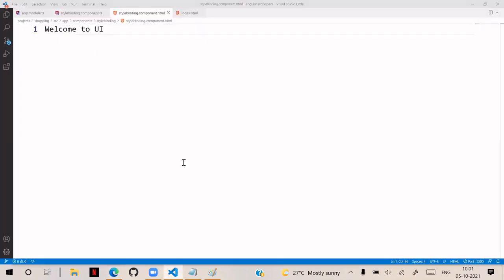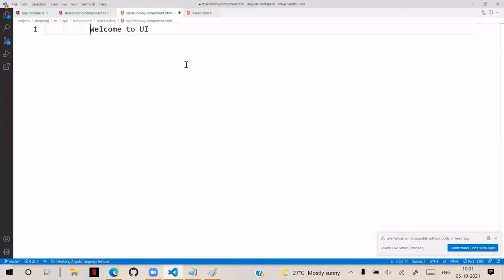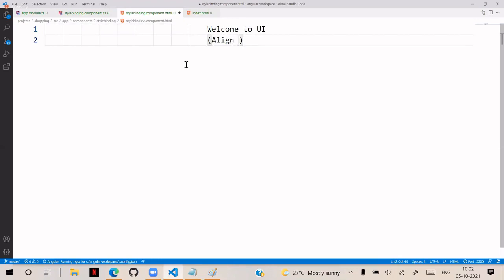But what is the problem here? Observe carefully now. What I am doing here is moving this welcome text towards the center, something like this. And here, I am writing align center, something like this.